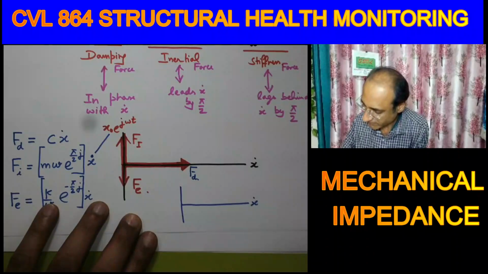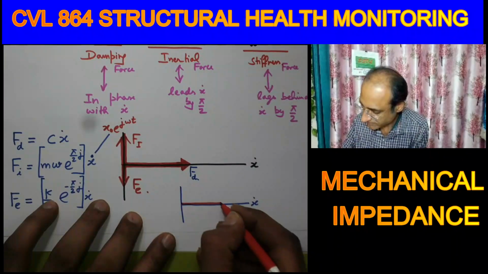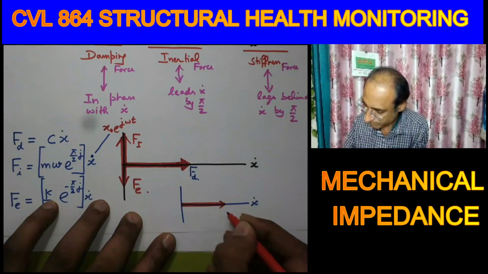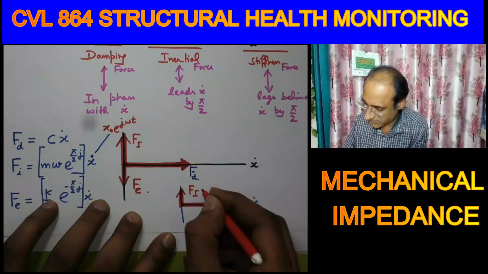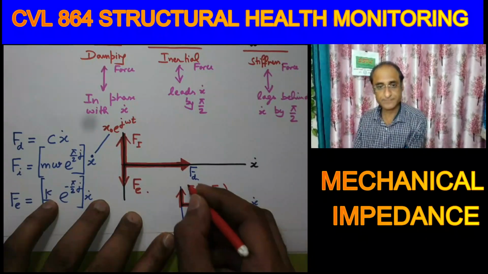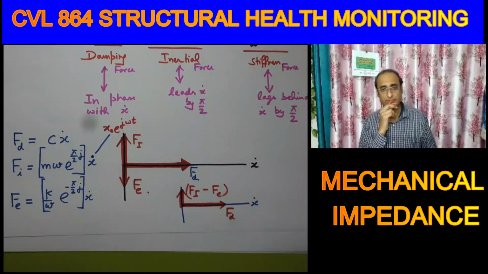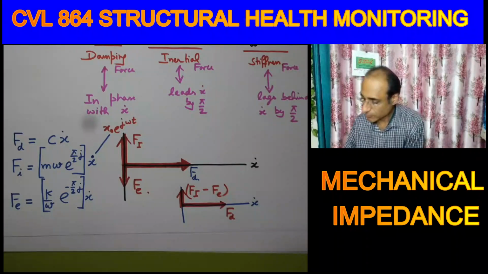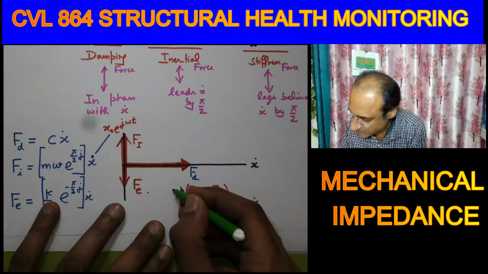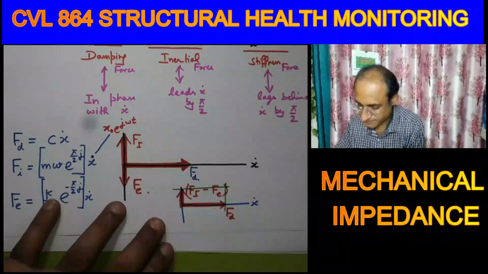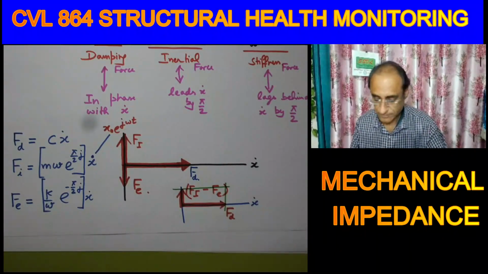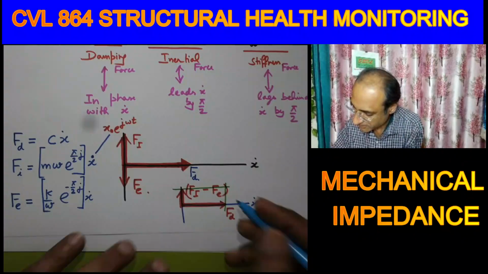Here we have the damping force, and here we have the resultant from the elastic and the inertial forces. Correct? So what would be the resultant? This would be the resultant.